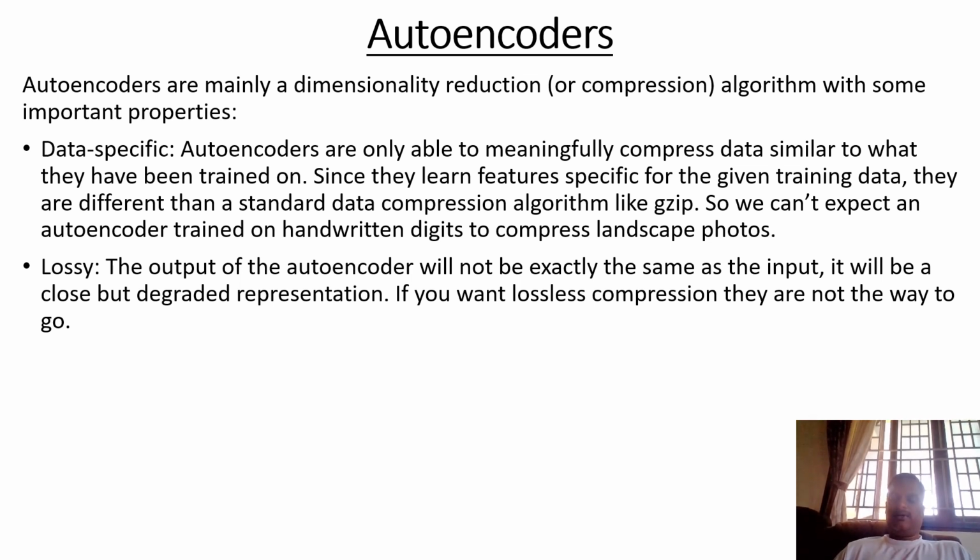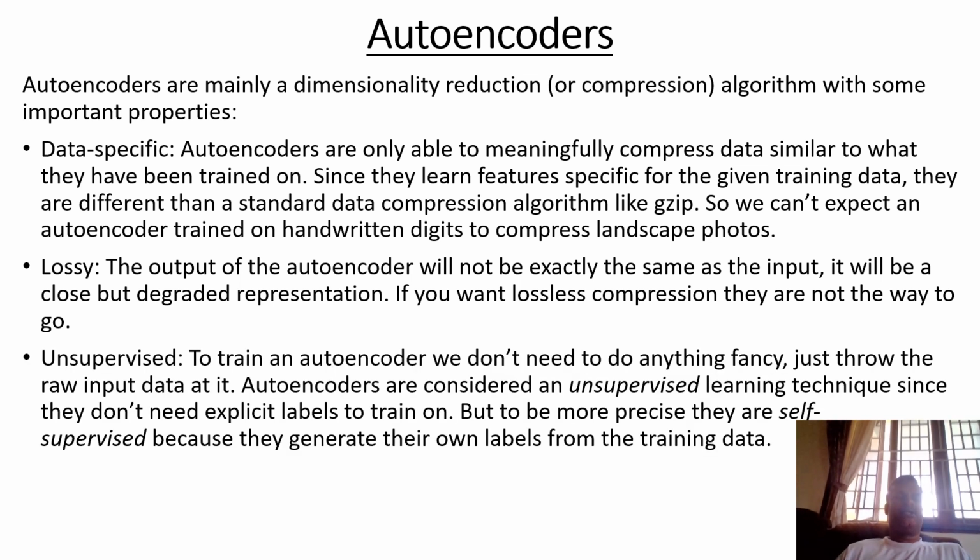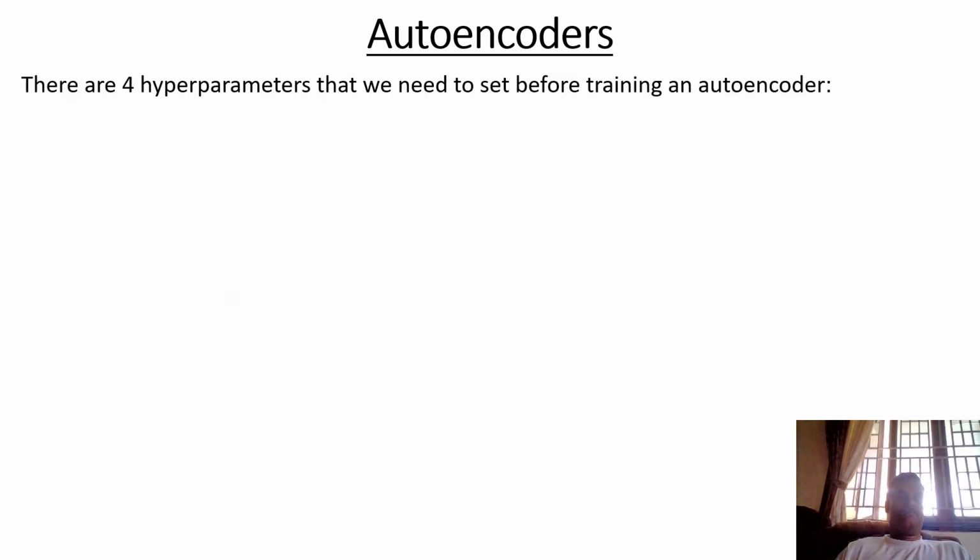So if your application demands a lossless dimensionality reduction, then it is advisable you do not go for autoencoders. There are some other methods which you can prefer. And also it is an unsupervised learning technology because we do not have an explicit target to run on, even though we assume the comparison between output and input as a supervised mode.